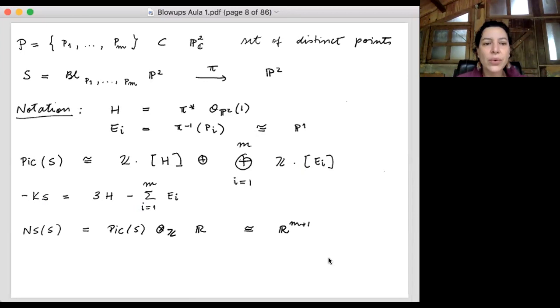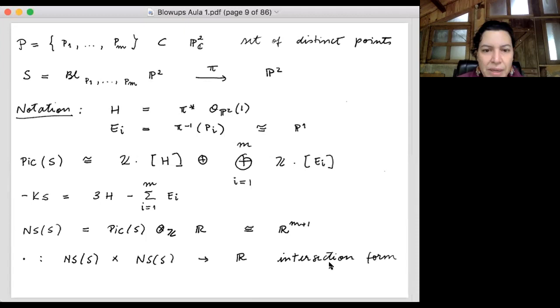Also, instead of just considering the Picard group, we will often tensor by the reals and get a real vector space of dimension m+1, which is what we call the Néron-Severi space of the surface S. Here we usually have an intersection form on this real vector space.